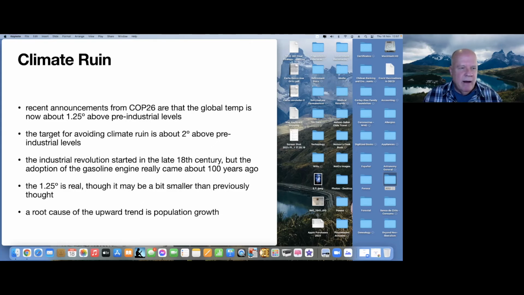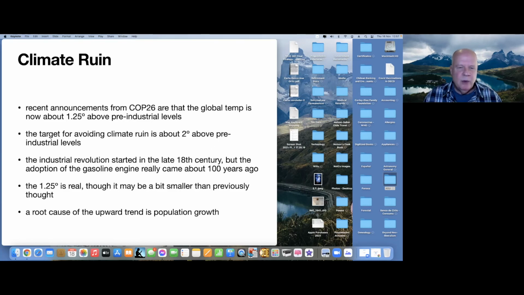Another element of this, other than just the gasoline engine and other factory uses that have come out of petroleum, is that I believe that when you look at not just what people are doing, but how many there are, one of the prime root causes of climate ruin is going to be population growth.